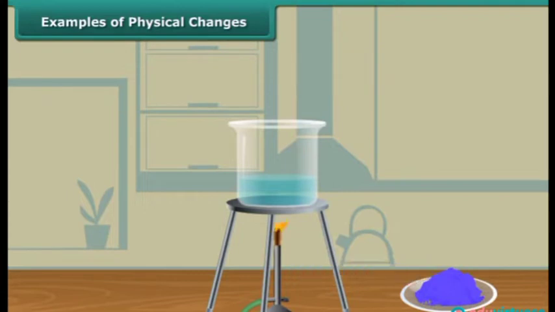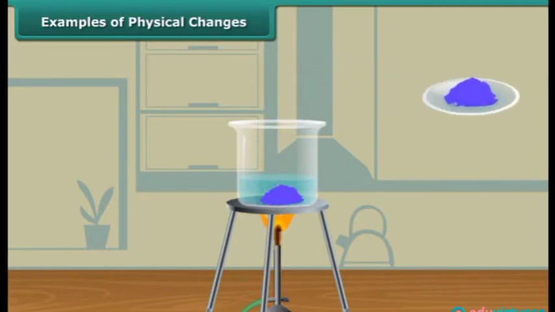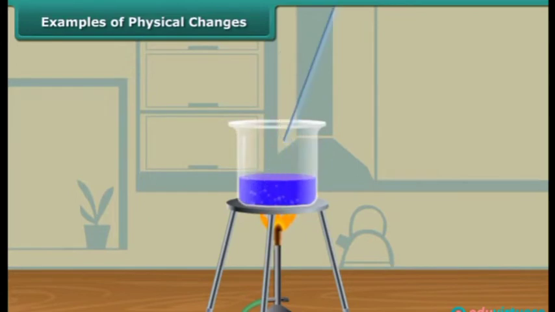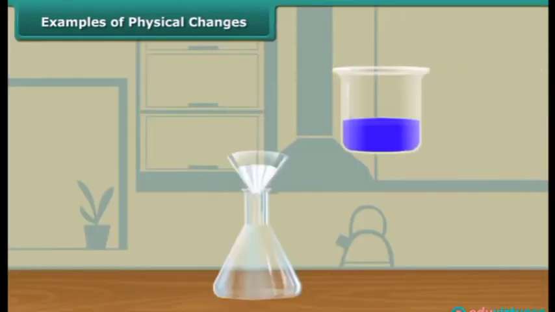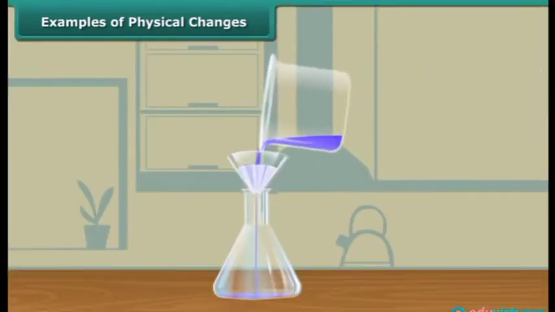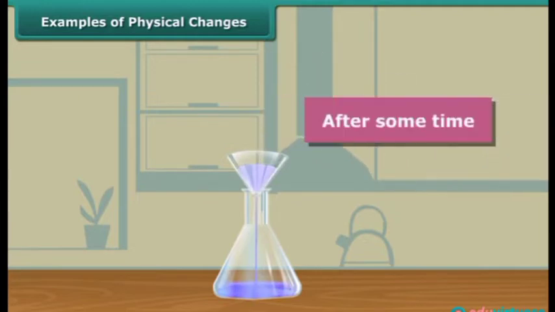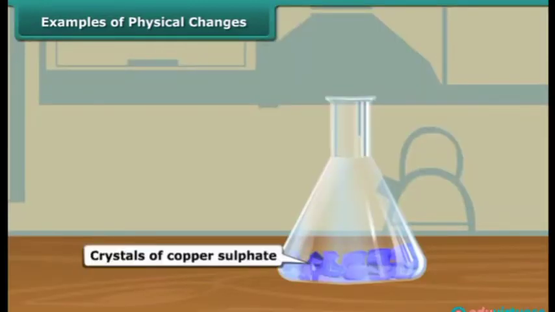After it, boil the water and after some time add some amount of copper sulfate in it. Stir it continuously and after some time what will happen? You will see shining crystals of copper sulfate in the beaker. So this is the pure salt.